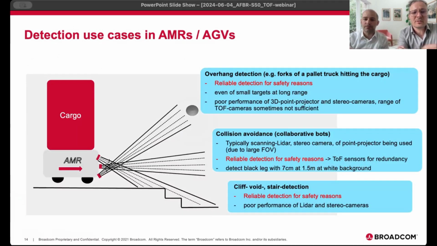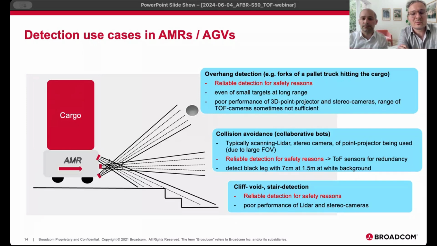So, going deeper into the use cases of typical AMRs driving around in these logistical premises. The first one, from top to bottom, is the so-called overhang detection. Think of the cargo which is loaded onto the AMR, and of pallet trucks which are also driving around in these facilities.